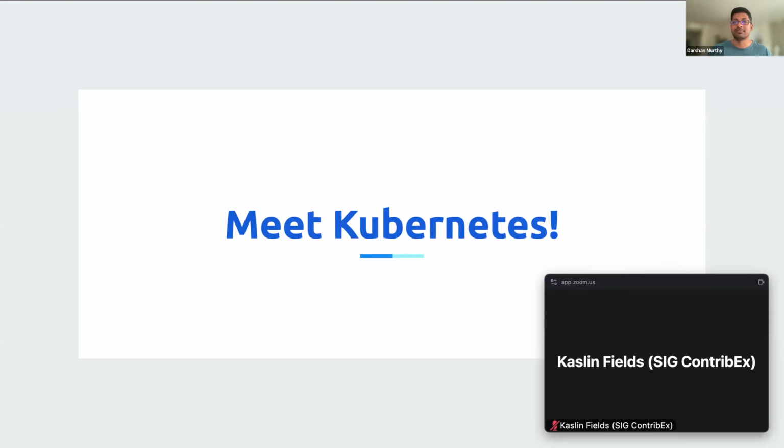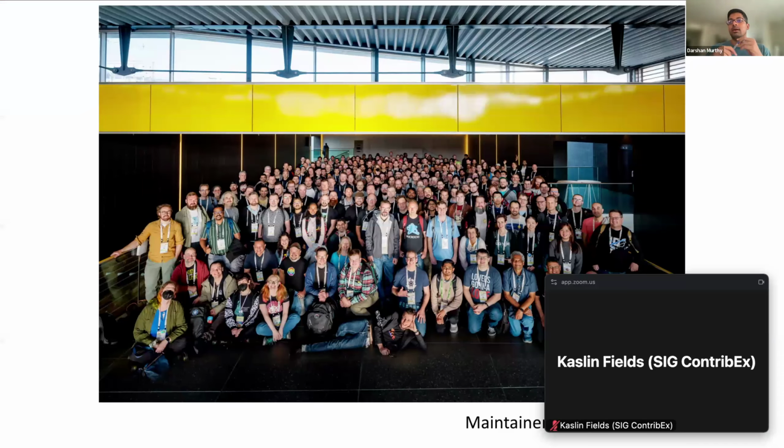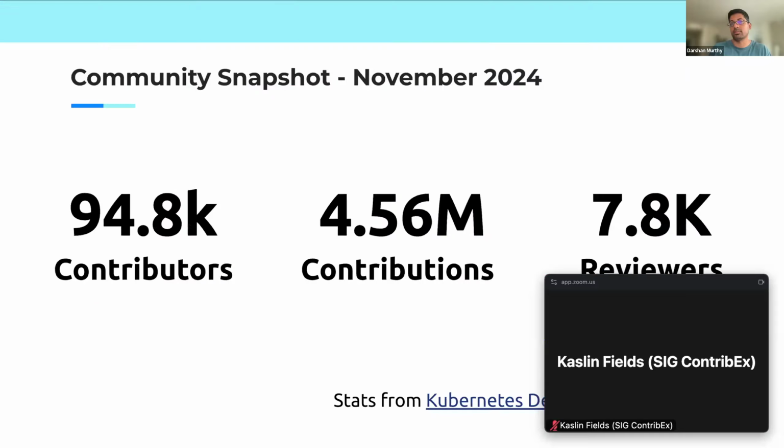Let's dive in. The Kubernetes community is a very big group of people who work together to create and maintain the Kubernetes project. Here are some numbers to give you a sense of how big the Kubernetes community is. We track data about our contributors via GitHub and a few other contributor tools, and we collect them in a tool called DevStats.